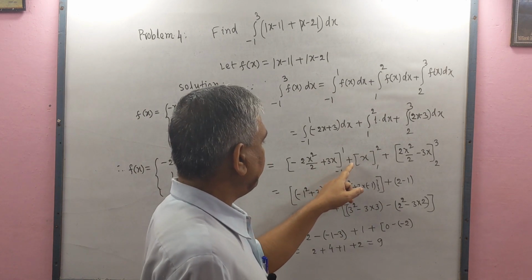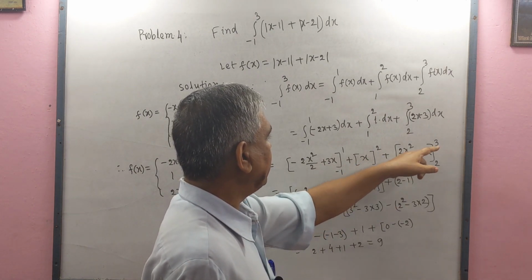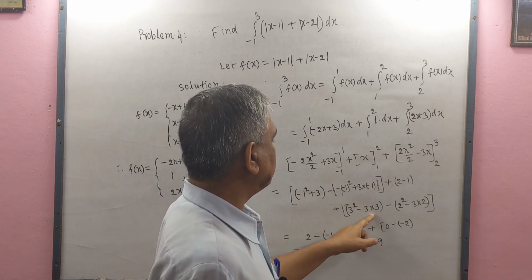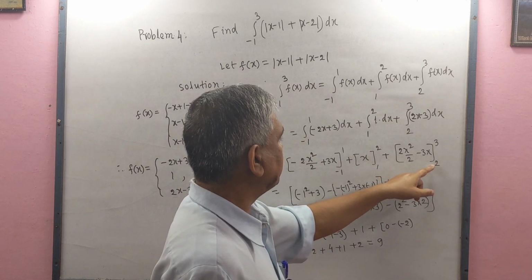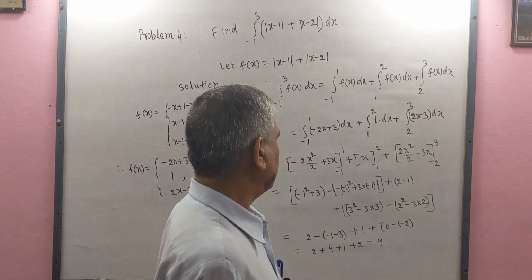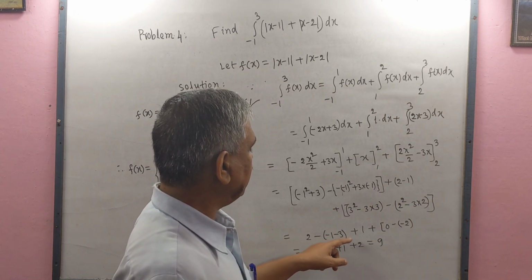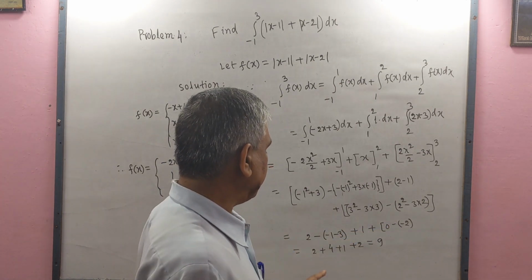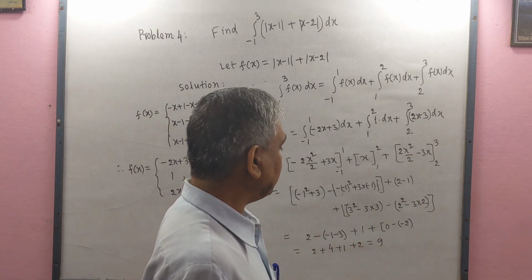Now second is 2 minus 1, and here we put higher limit 3 square minus 3 into 3, minus lower limit 2 square minus 3 into 2. And we get 2 minus (minus 4), that is 2 plus 4, plus 1, plus 0 minus (minus 2), that is 2 plus 4 plus 1 plus 2 equal to 9.